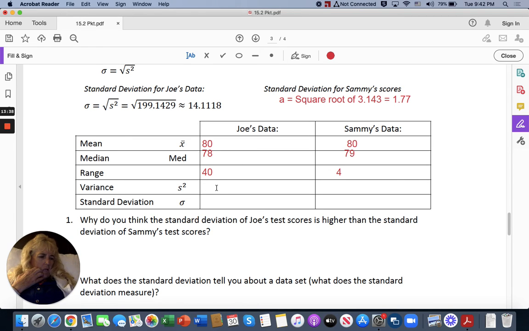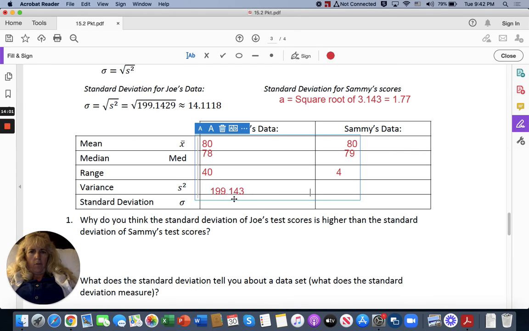Okay, so the variance was 199.143. Sammy's data is 3.143.